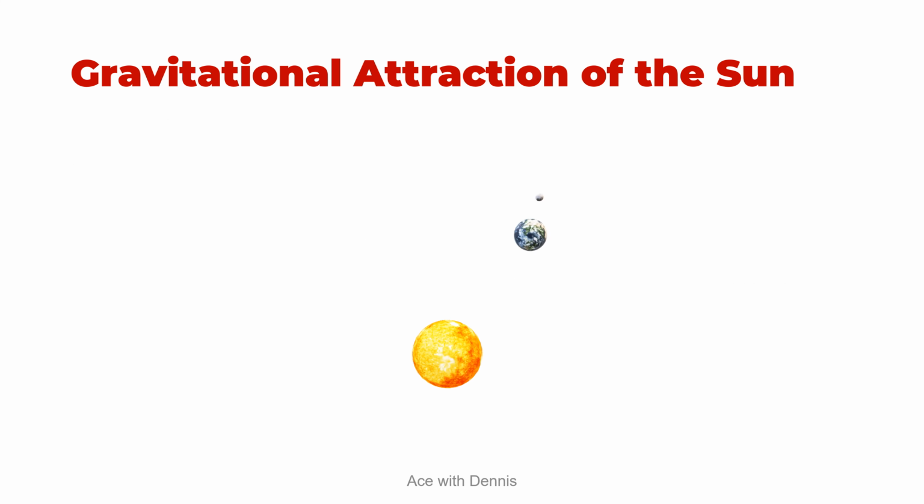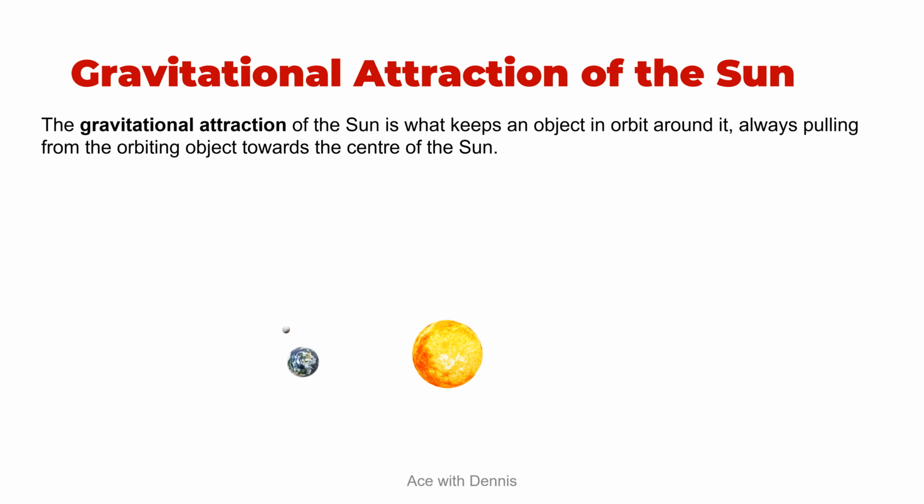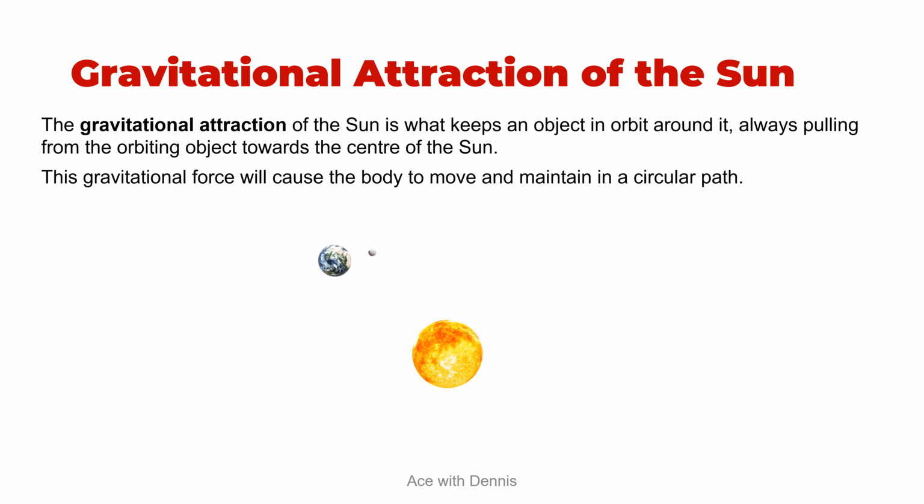As you can see from this animation, the gravitational attraction of the Sun is what keeps an object in orbit around it, always pulling the orbiting object towards the center of the Sun. This gravitational force will cause the body to move and remain in a circular path.